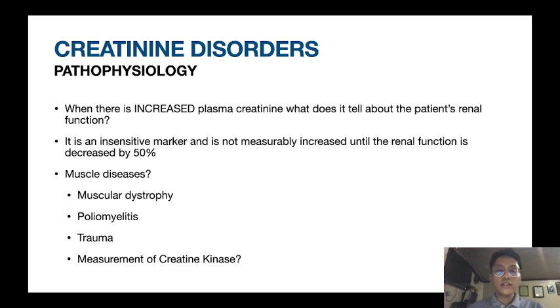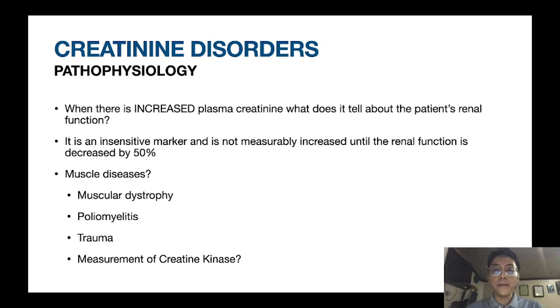So, what are the disorders affecting creatinine levels? I have a question for you. When there is increased plasma creatinine, what does it tell about the patient's renal function? Is there an impairment of the function or normal function?